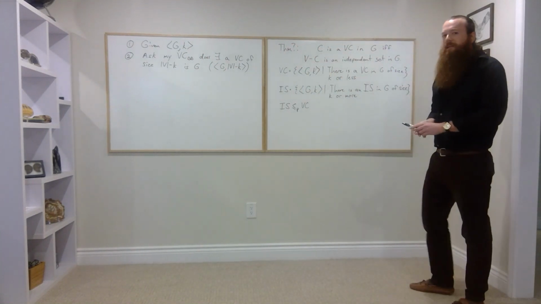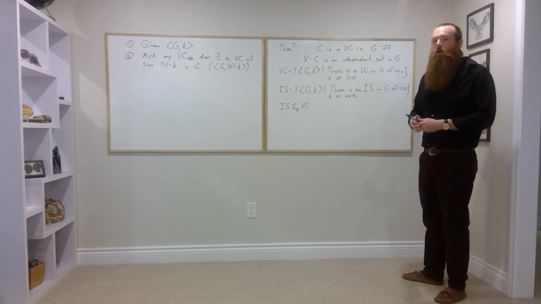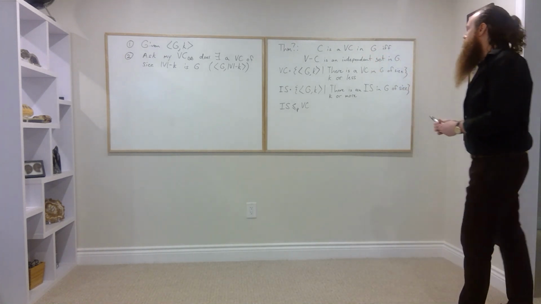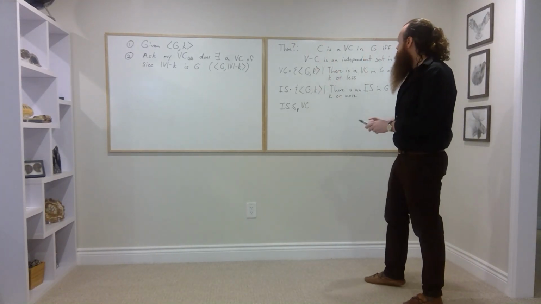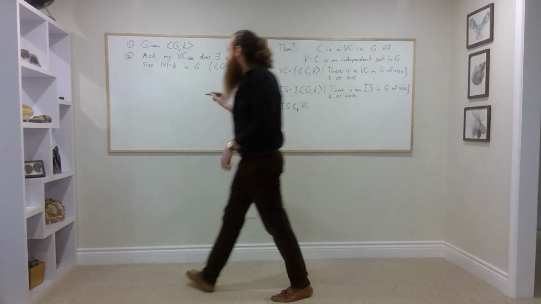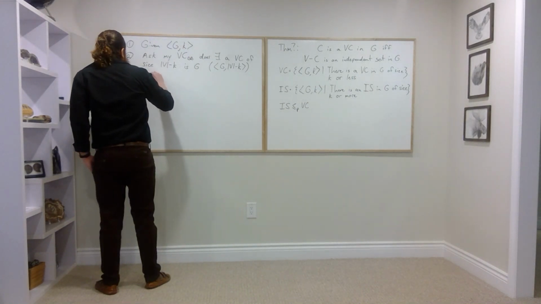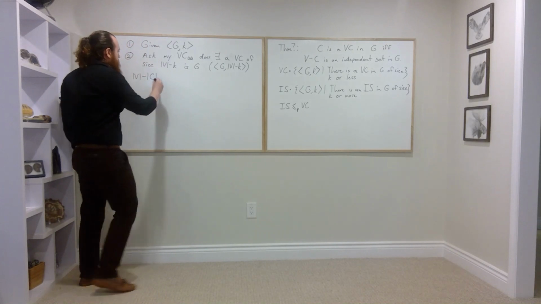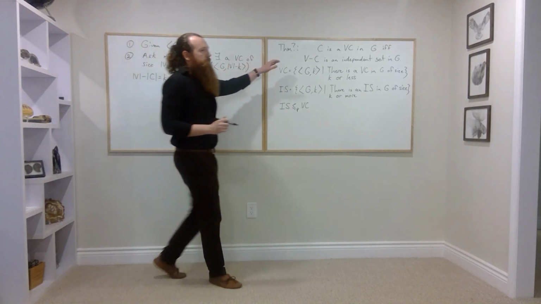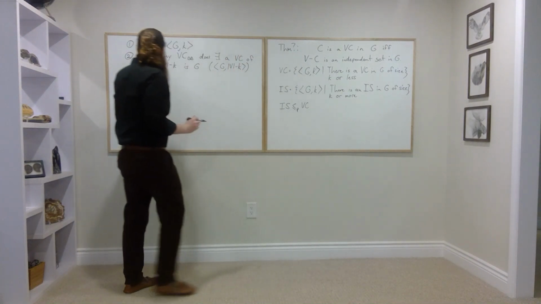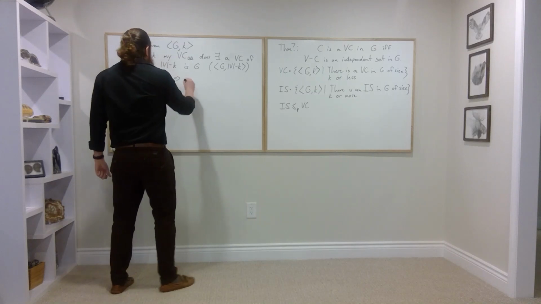Well, if there exists an independent set of size K, from this theorem, there has to also exist a vertex cover of size V minus K. You do the math, so imagine the magnitude of V minus the magnitude of C. Well, if I let that equal K, remember this is my independent set, so what's the magnitude of C? Do some simple algebra here.